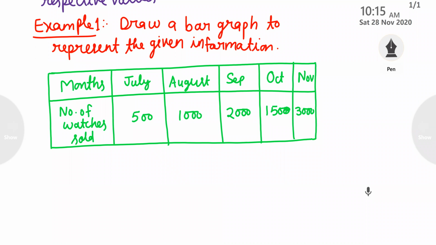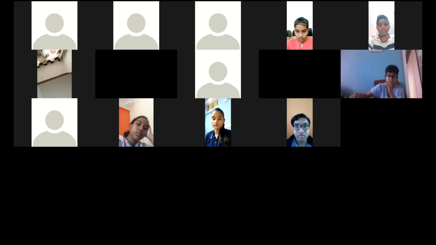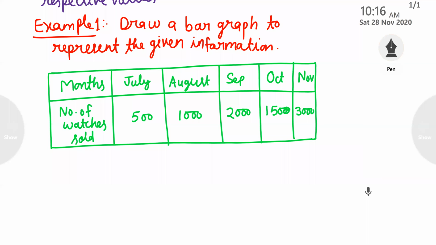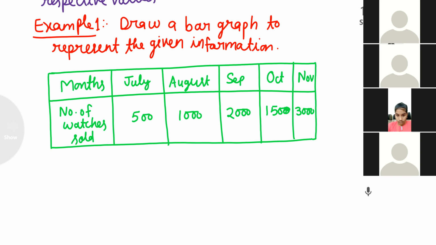Note down the question clearly, everyone. Sorry for the interruption. Draw a bar graph to represent the given information. The information is months and number of watches sold.